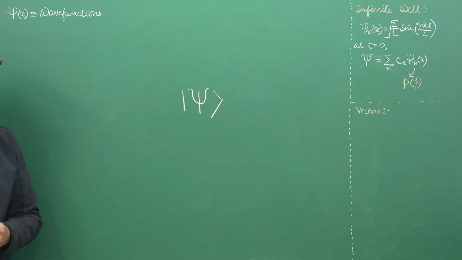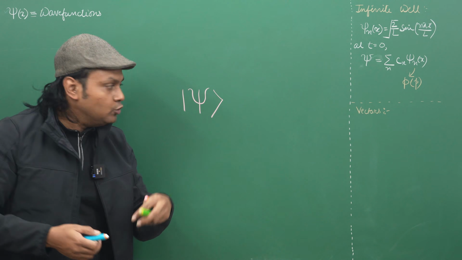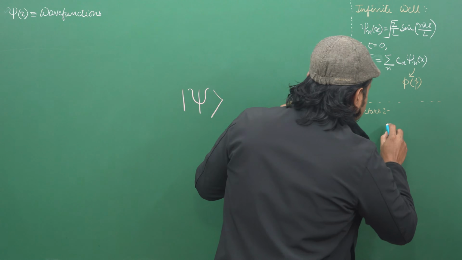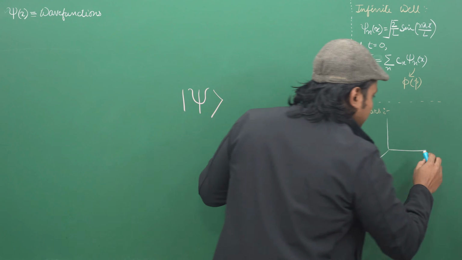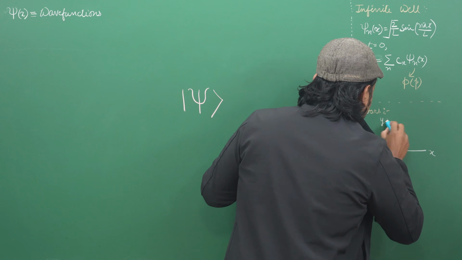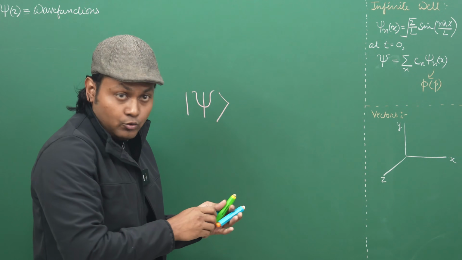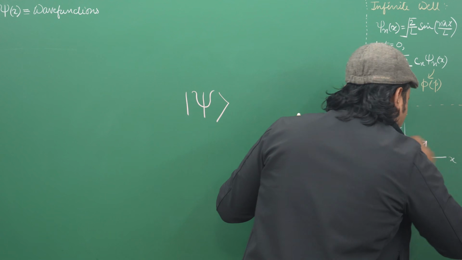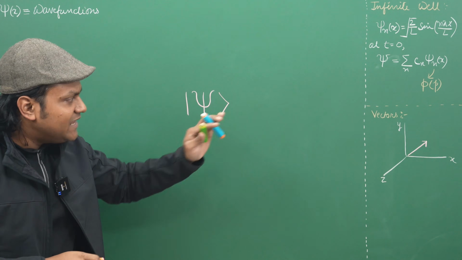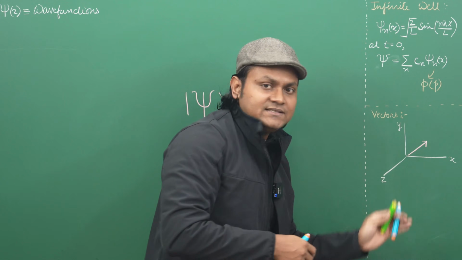So whenever we are interested in representing vectors, and this is what we usually study in high school, we have a coordinate system, usually x, y, z, and then the vector is drawn as an arrow from one point to another, and that arrow has projections on the x-axis, y-axis and z-axis.